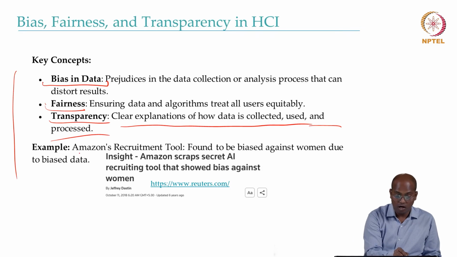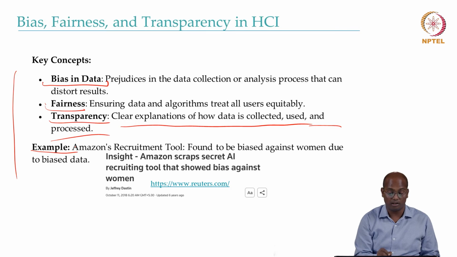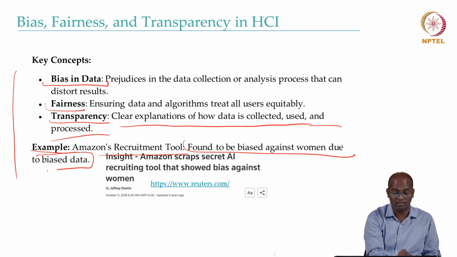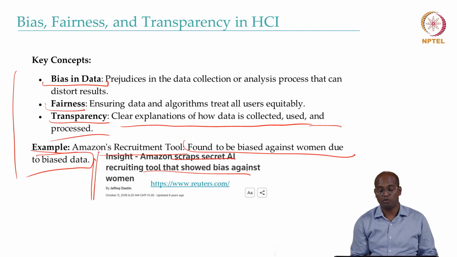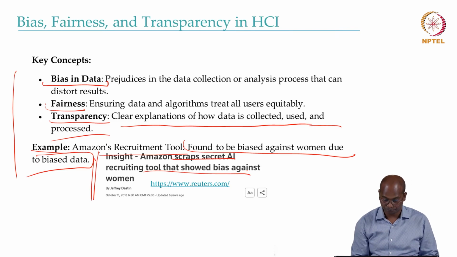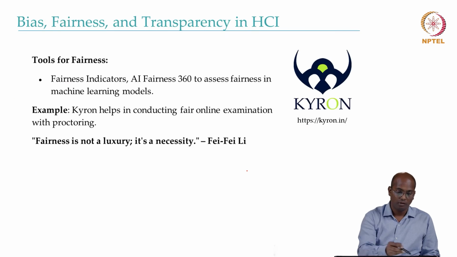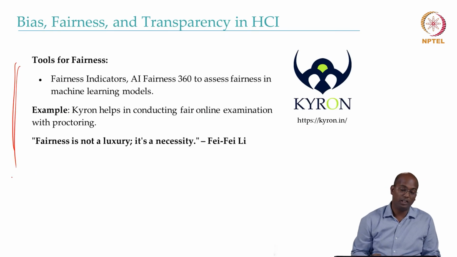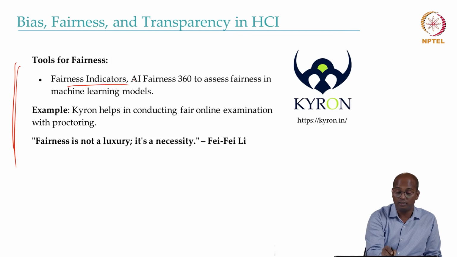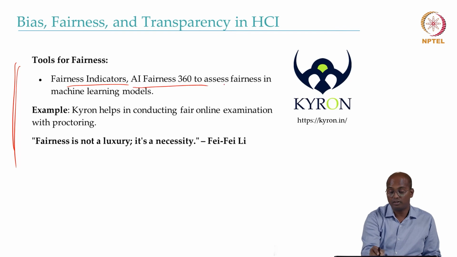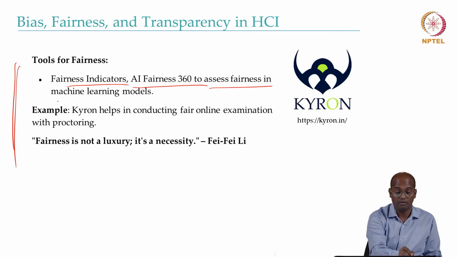Amazon is one example: you might have seen that Amazon's recruitment tool was found to be biased against women due to the biased data it had, and that is why they scrapped their secret AI recruiting tool that showed bias against women. At the same time, there are many tools that are fair and show fairness indicators, like AI Fairness 360, to assess fairness in machine learning models.